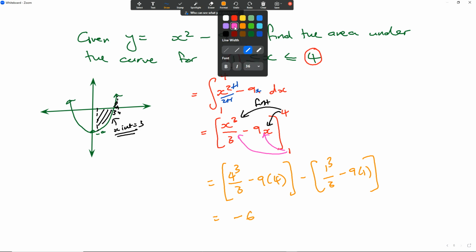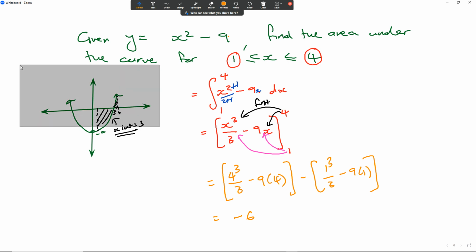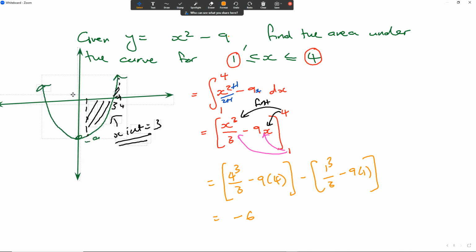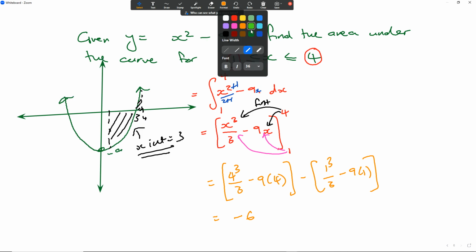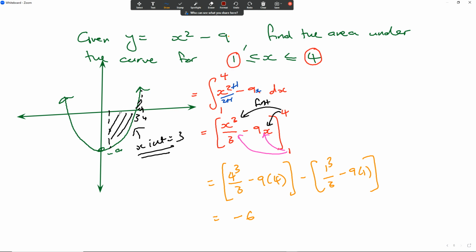What we've actually done here is, if I make this a little bigger, we've technically found, if I call this part here area A and this part here area B, this is area A and this is area B, and this is the sum of A plus B, which is a negative.